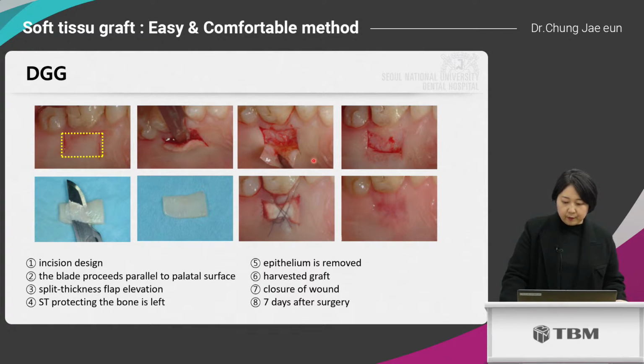Soft tissue covering the periosteum has been preserved. This is after harvesting of the free gingiva. There is very minor bleeding on the donor site. And this is how we do the deepithelialization. And this is the harvested graft and suturing after the collagen matrix was applied. And this is 7 days after surgery. It shows excellent healing. It is very similar to the SCTG case.